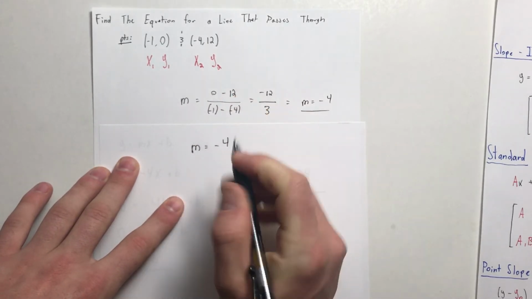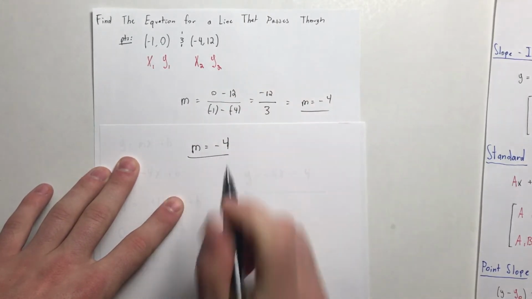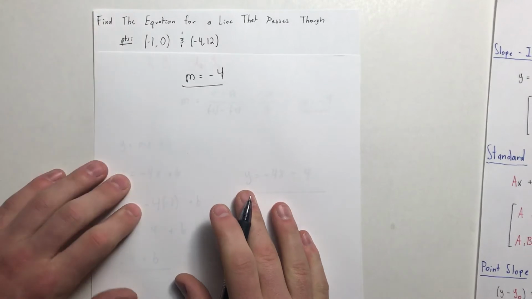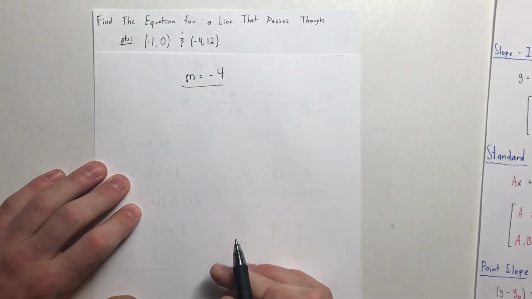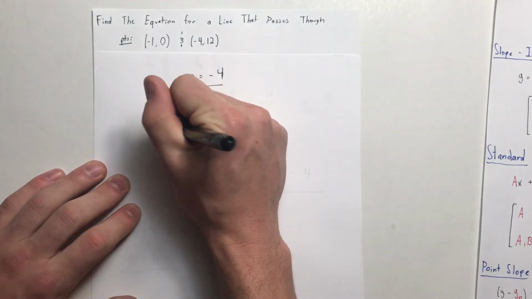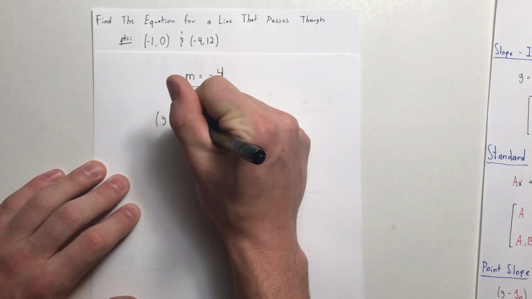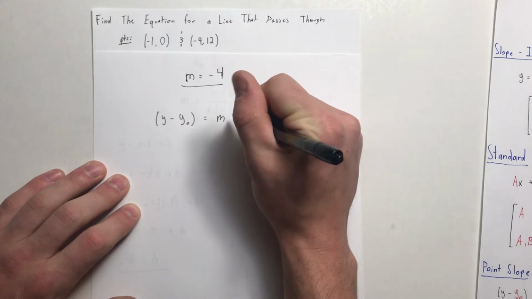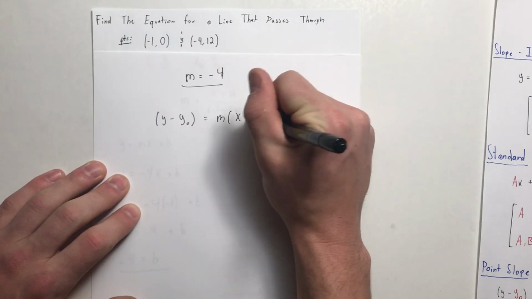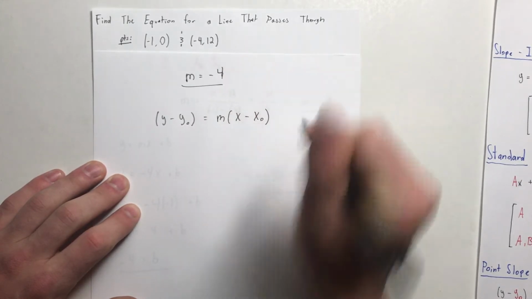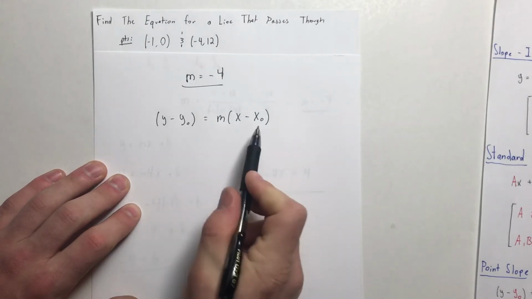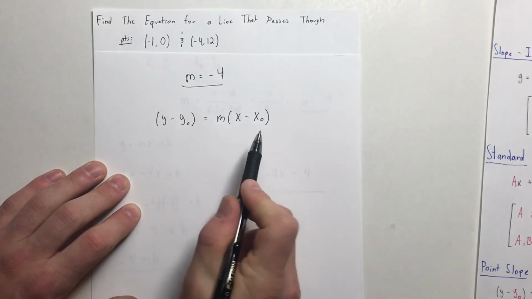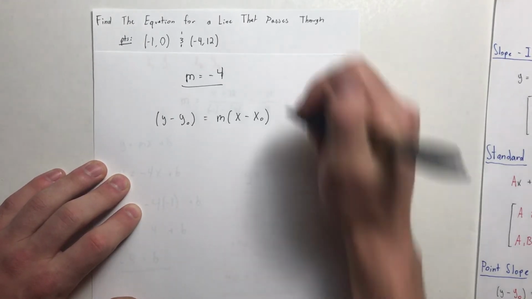So I'm just going to rewrite that here. So there's our slope, and we know that the point-slope form of a line has this form here. I'm going to rewrite that form. So it's y minus y naught equals slope times x minus x naught, where x naught and y naught is an ordered pair that lies on that line.